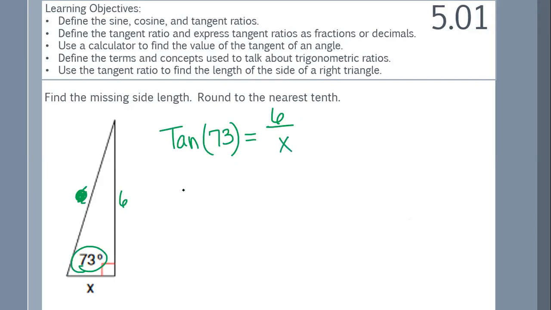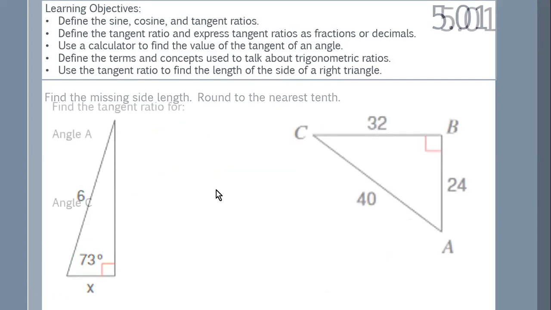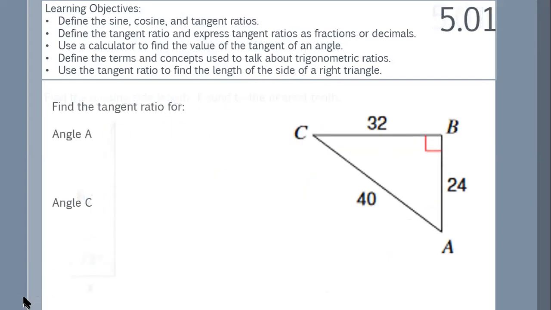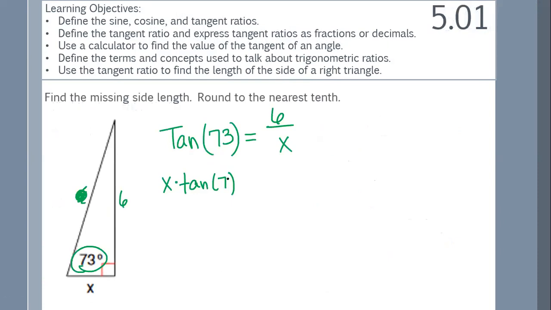Okay, so using properties, I'm going to multiply by x to undo the division. So x times the tangent of 73 has to equal 6. So again, division undoes the multiplication, so x is equal to 6 divided by the tangent of 73.